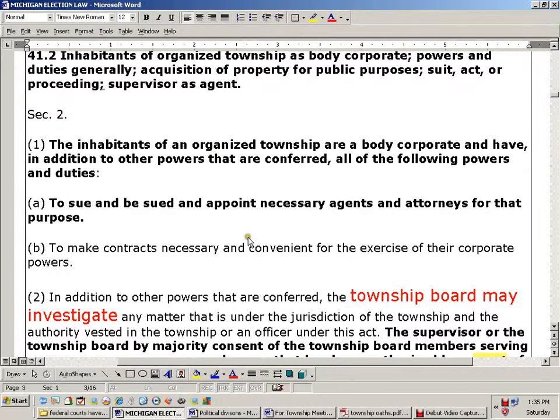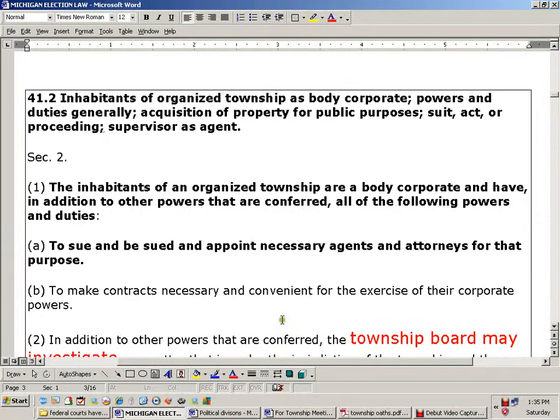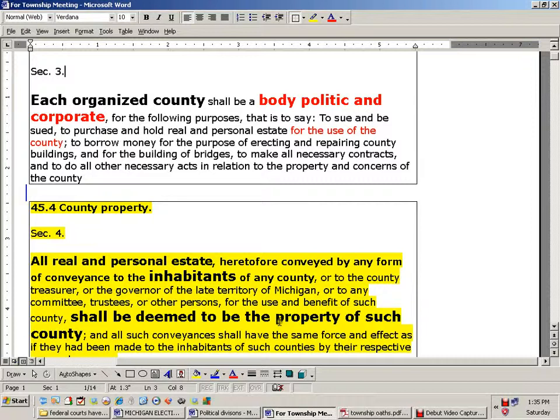And why this is so important. Okay, let me get to this real quick. Now we're going to talk about being an inhabitant, right? And the difference between the two is this simple. If you're in an organized county, it shall be a body politic and corporate, right? That all the organized counties are a body politic and corporate. Purchase and hold real and personal estate for the use of the county.